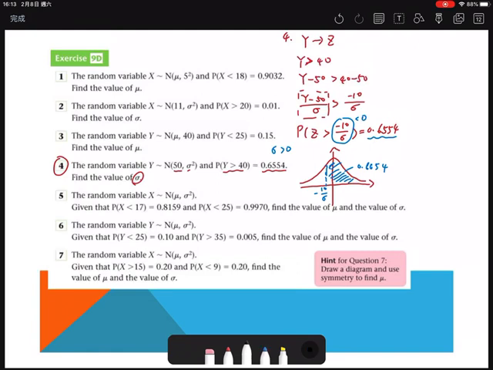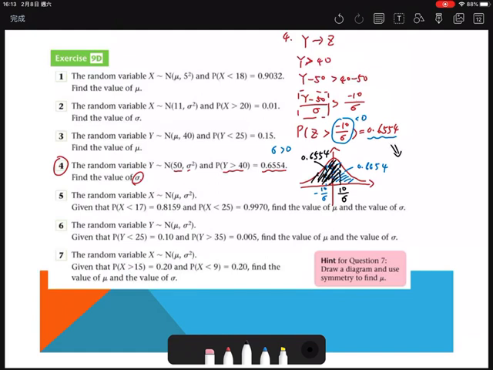So we have to use symmetry. This value is 10 over sigma, and the region on this side is also 0.6554.